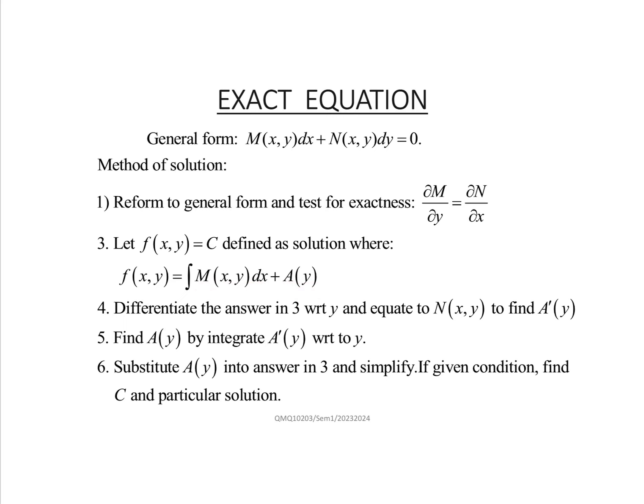After you find the integration, you need to differentiate back with respect to y. Remember, you integrate with respect to dx, and then in the next step you differentiate back with respect to y: integrate with dx, differentiate with respect to y.